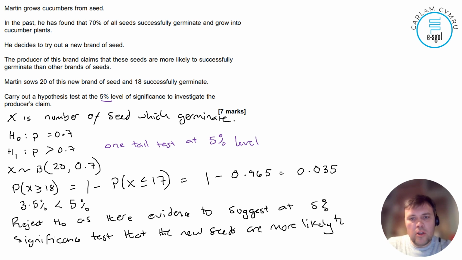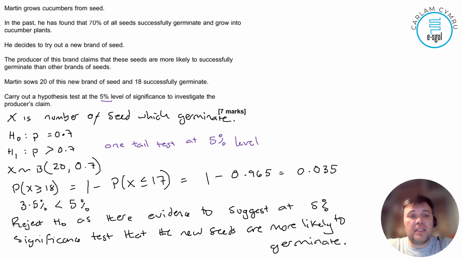Okay, so if you look back at the previous slide, we have defined what x is, the random variable. We have said H0, the null hypothesis, the probability, taking all this information from the question. We have then said that it's a one-tail test because you want to carry out the hypothesis to see whether or not the producer's claim is that they germinate better.